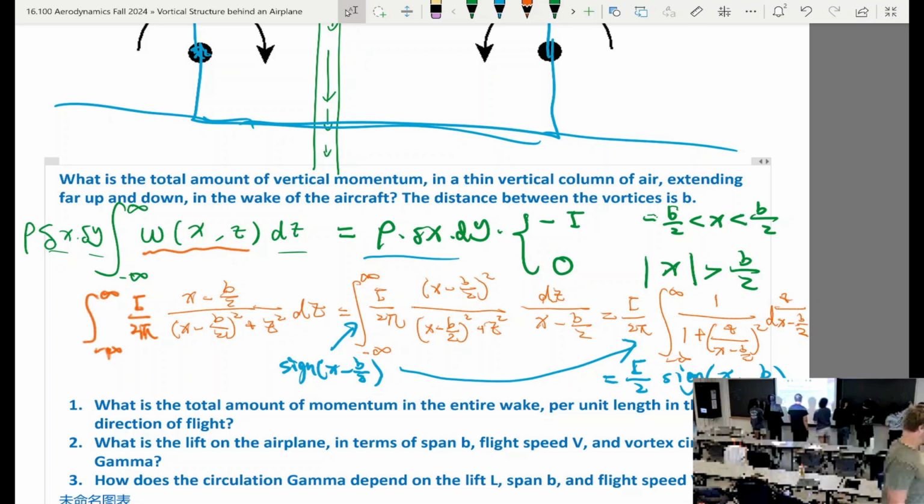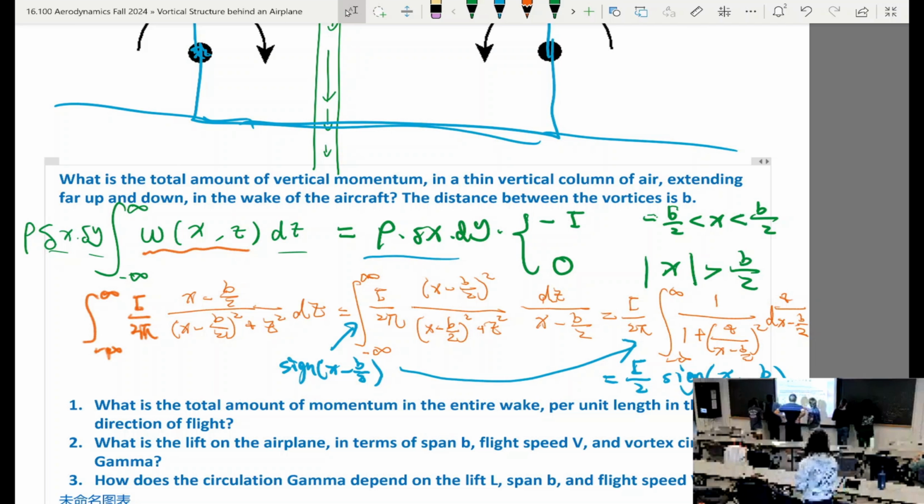Then we should have gamma times, you're integrating a constant over what distance? Distance of b, so it's the constant times b. And don't forget the rho.